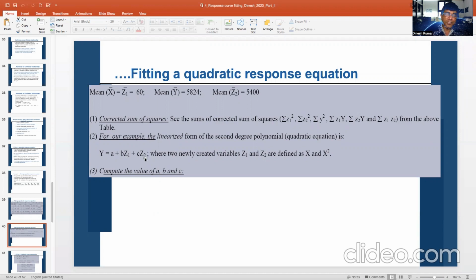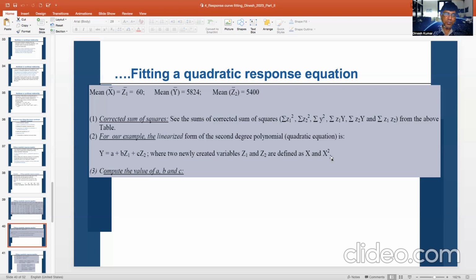So that square was linearized. So this is the form of the equation with some relationship of z1 with x and z2 with x square. So now the equation can be solved, where two newly created variables Z1 and Z2 are defined as X and X square.